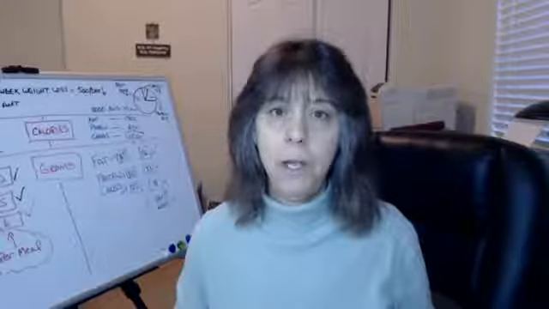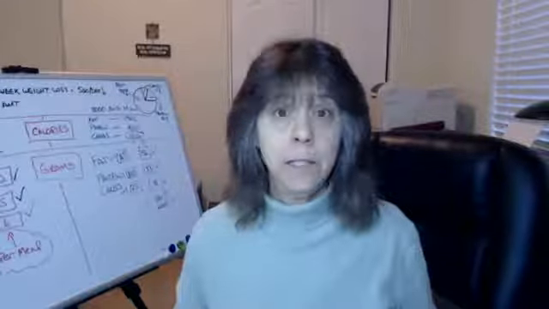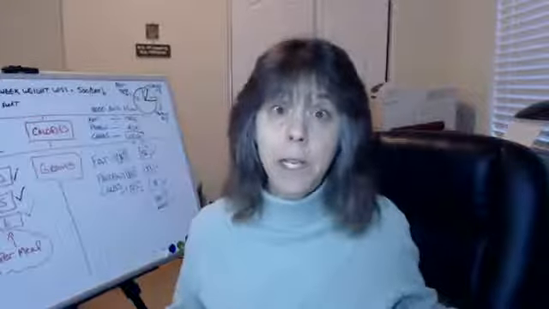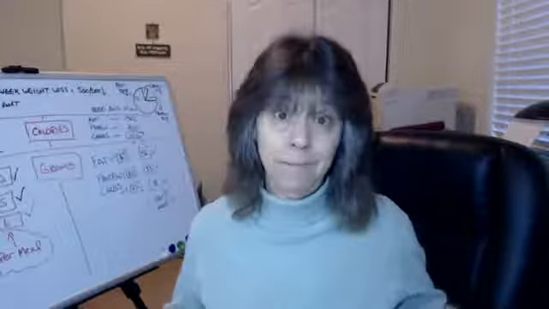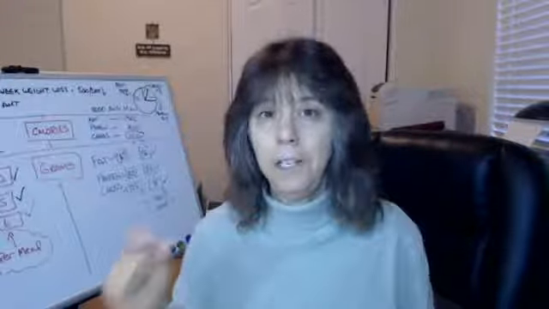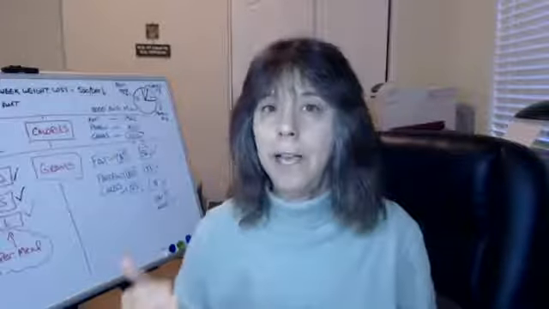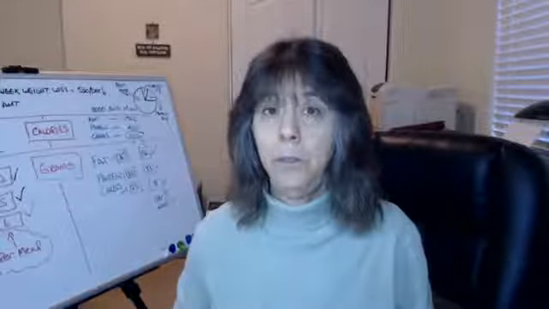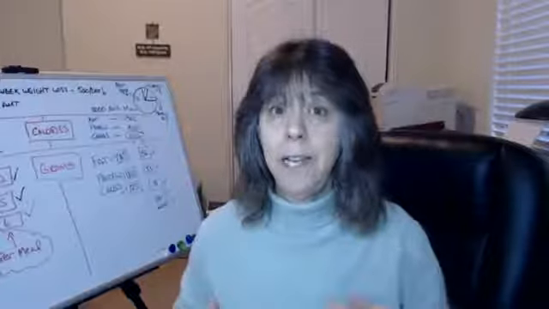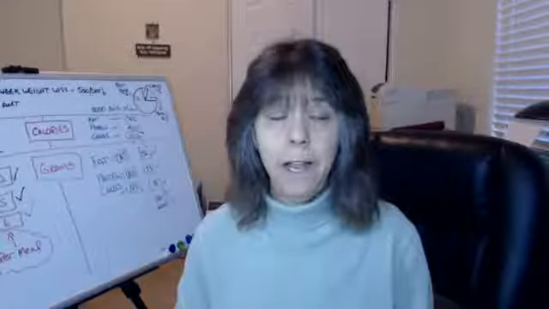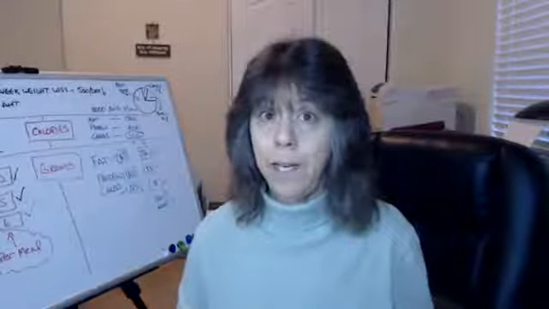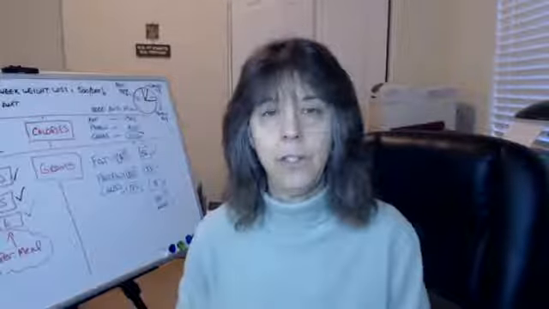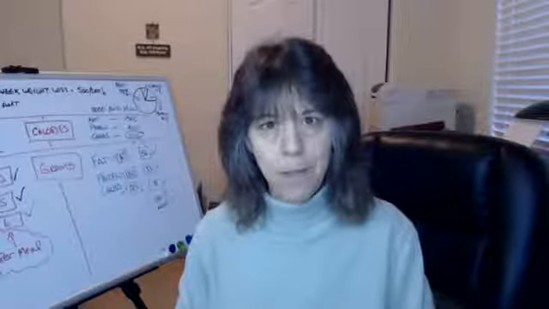I promise you, it worked for me. And like I said, it took me a year to get 70 pounds off. And you know what? I'm still losing a little bit here and a little bit there as my body continues to normalize and find its perfect weight. Everybody's got their own perfect weight set point, I should say. Okay? I hope that helped.